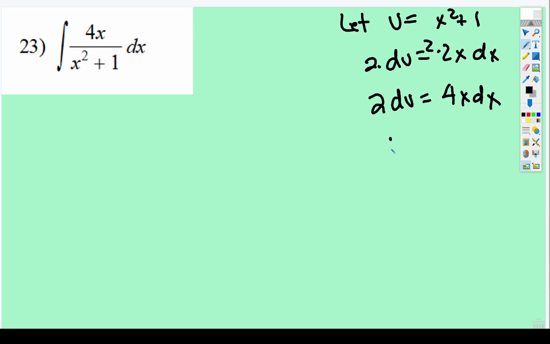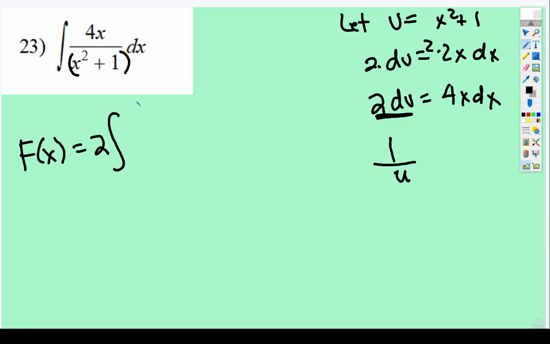And then what we have is 1 over u, because all of this stuff right here now is the u. So f of x, remember it's 2 du, so I can put the 2 out here, and then the 4x dx is the du, and then we have 1 over u.